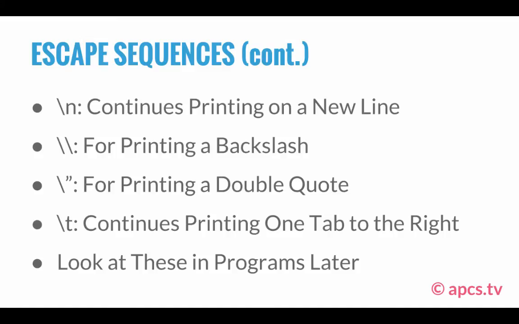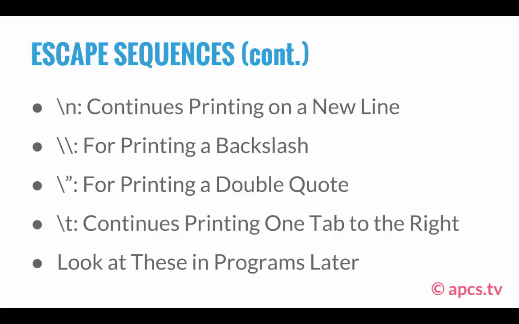And in addition, as we know, when we are printing out, we often print out strings that are enclosed by double quotes. What if you actually wanted to print out a double quote? That's where the escape sequence \" comes in. By putting the \", the computer will actually print a quote in the console. And the \t is used to continue printing 1 tab to the right.